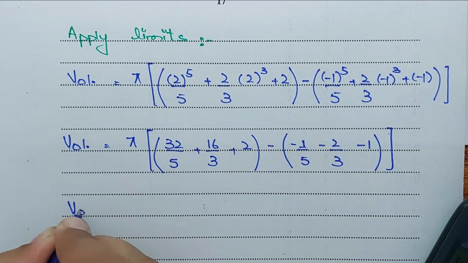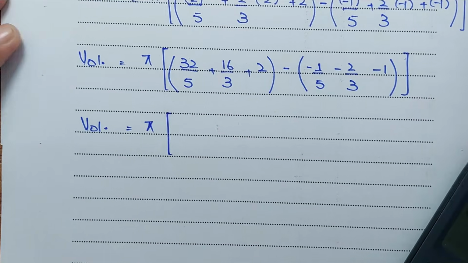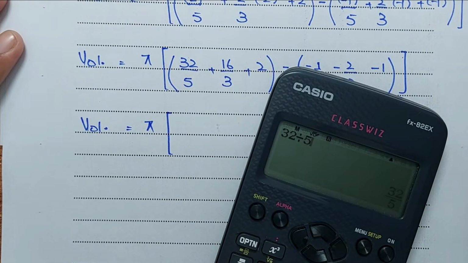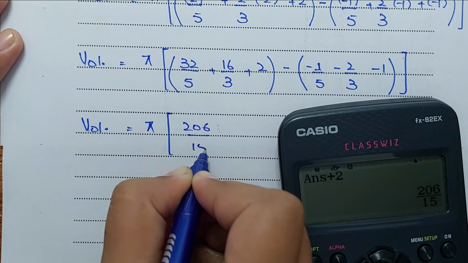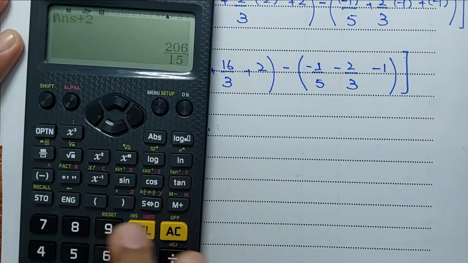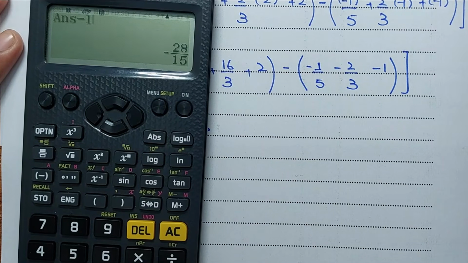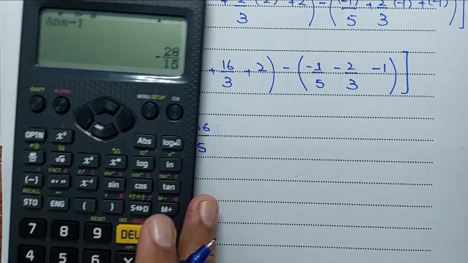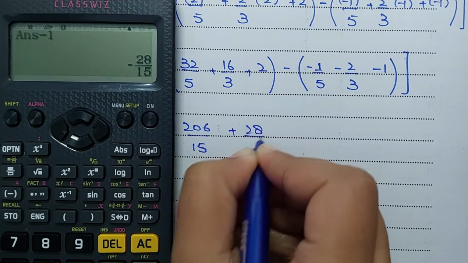Okay. Now the volume becomes pi times 32 by 5 plus 16 over 3 plus 2. This is 206 over 15. And -1 over 5 minus 2 by 3 minus 1 is -28 over 15, and this minus becomes plus 28 over 15.